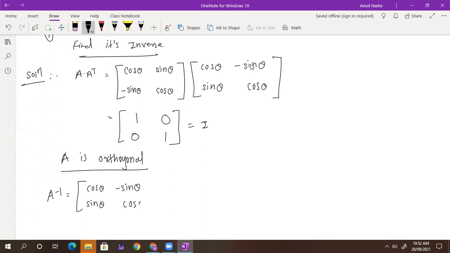So this is nothing but your inverse. Okay. Clean and clear? Got it everyone? Yes, sir. Because when it is orthogonal, ultimately A transpose is nothing but your A inverse.